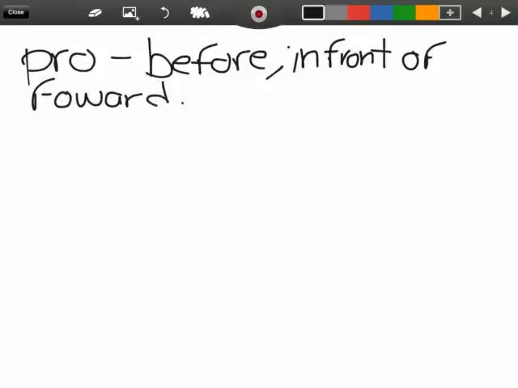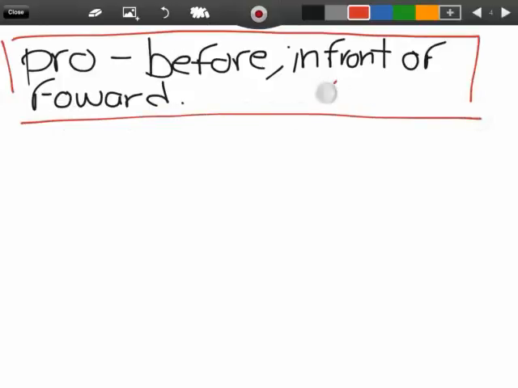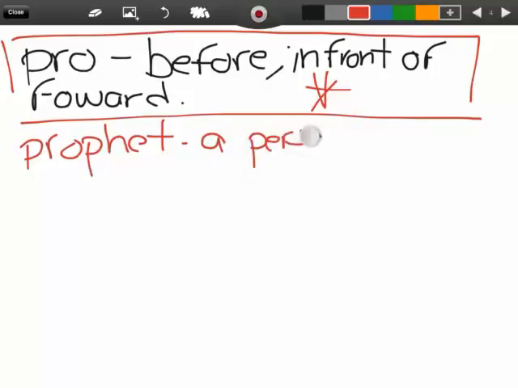I'm going to put this in a box and put a star. I'm going to give you two definitions. One of them is prophet, and that means a person who tells the future.